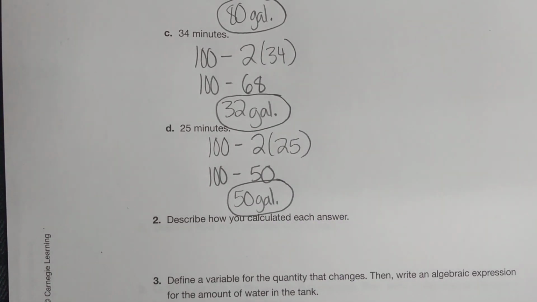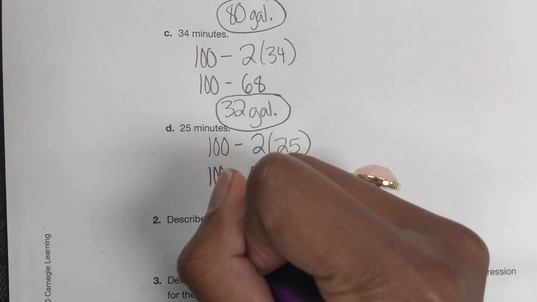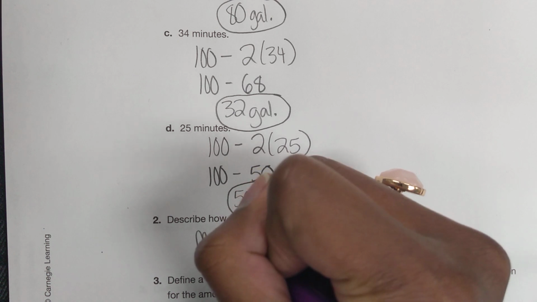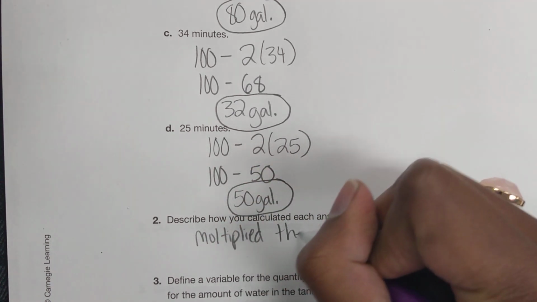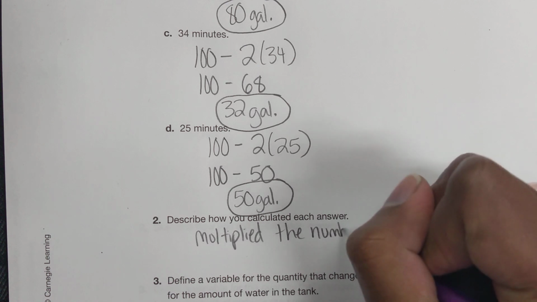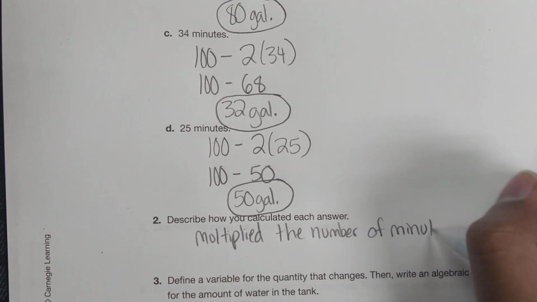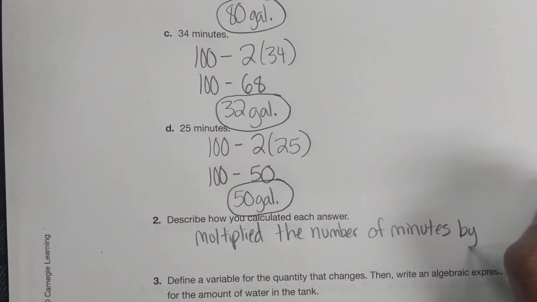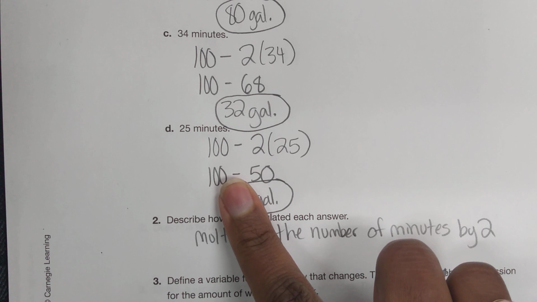Each time, I started with 100 gallons. I multiplied the number of minutes by 2. Notice we did that first each time. We didn't subtract first.